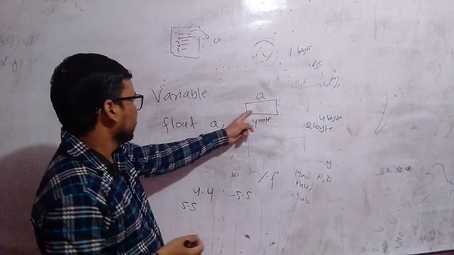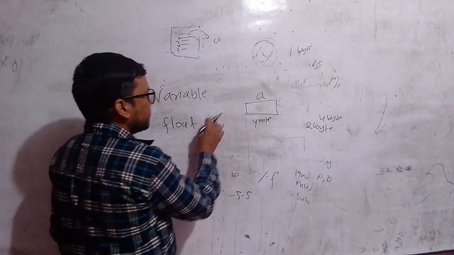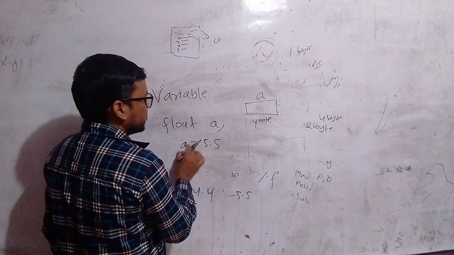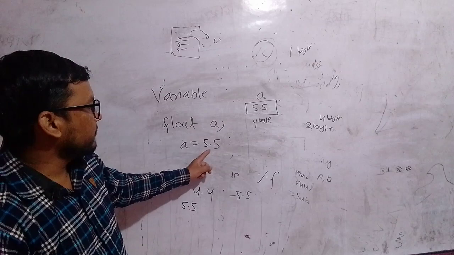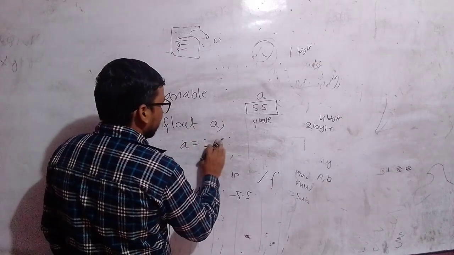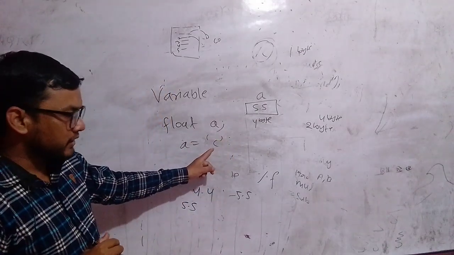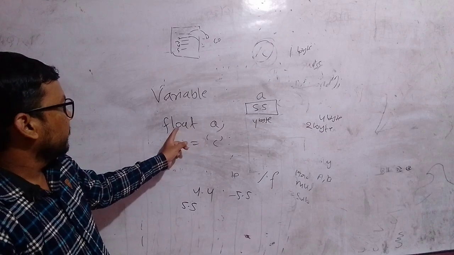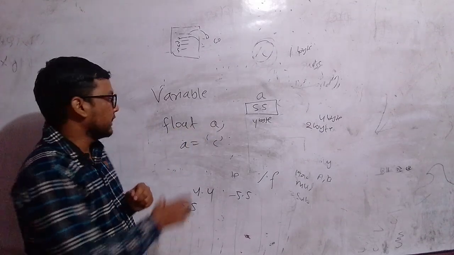Now float A reserves a certain space in memory and gives it the name A, and if we give 5.5, it stores 5.5 in this memory location. Why 5.5? Because its type is float. We can store a decimal number. We cannot write C here because that is a character. We cannot store a character in A because the type of A is float.